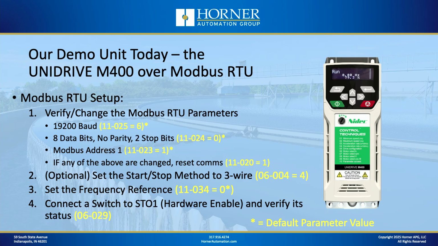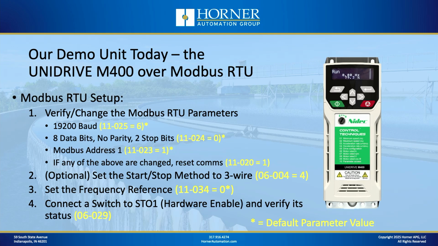Now, something I did in my example is I changed the start-stop method of the drive from its default, which is kind of a European style of control, over to a 3-wire start-stop control. I did that through menu 6, parameter 4 by changing it from its default value to a new value of 4. Now, another thing you'll want to check is the frequency reference.